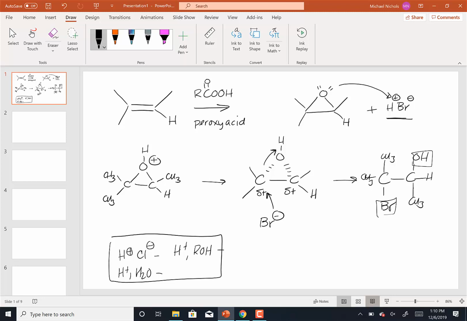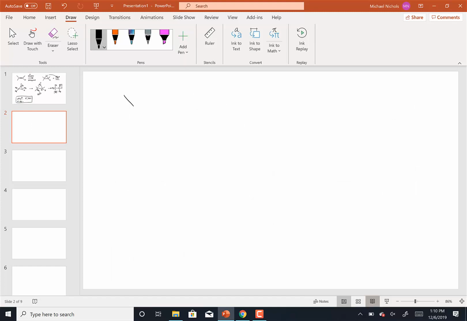So, I was going to ask, if this is the first method, what would be the second? The second method to make an epoxide is to take that same double bond molecule, and first I'm going to add Br2 and water to it.